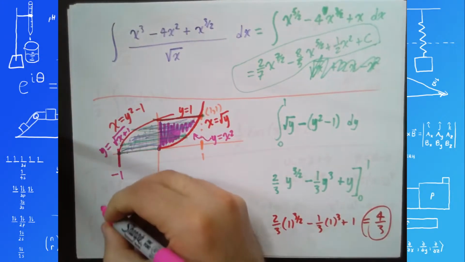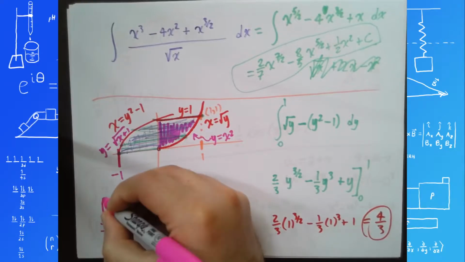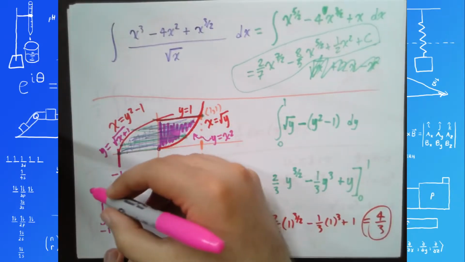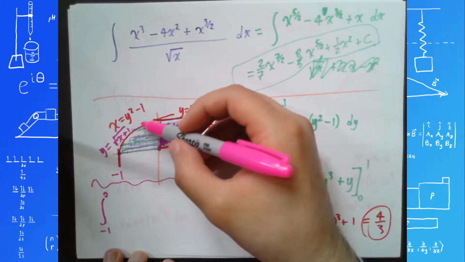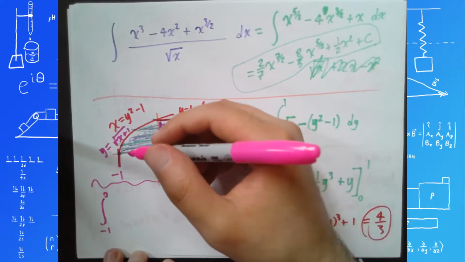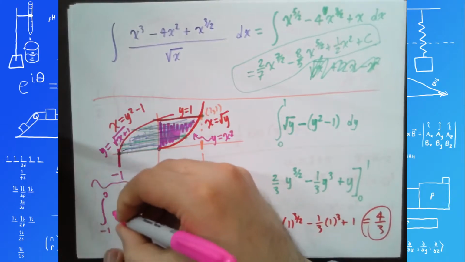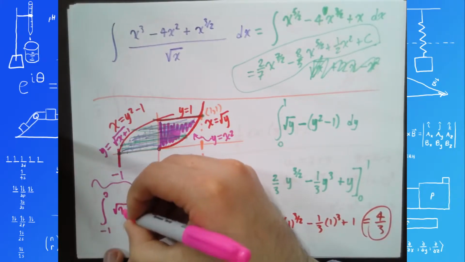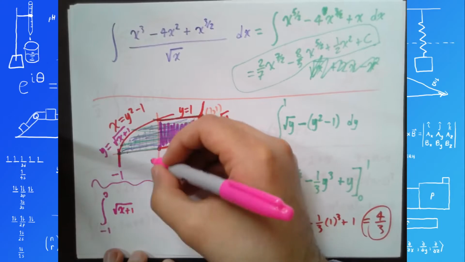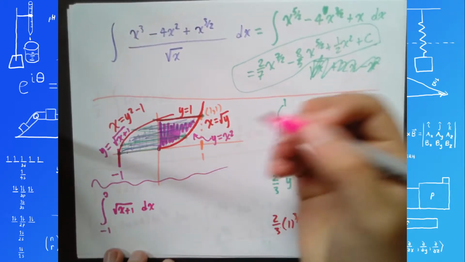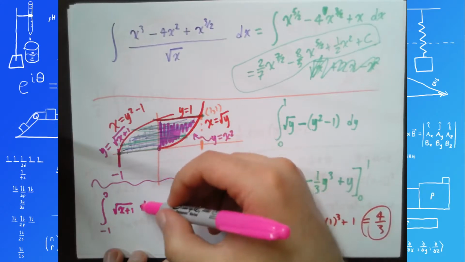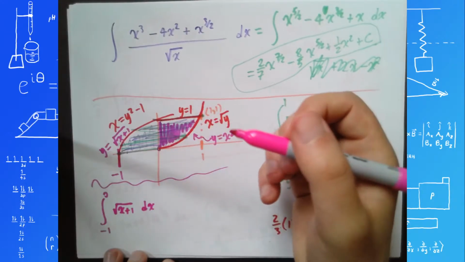Okay, so what we have is an integral from negative 1 to 0 of, let's see, top curve minus bottom curve. It would be root of x plus 1 minus 0. So I guess I'm not going to write anything there. And then integrated with respect to x.